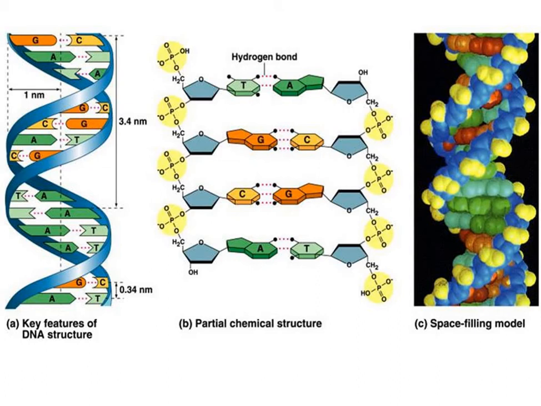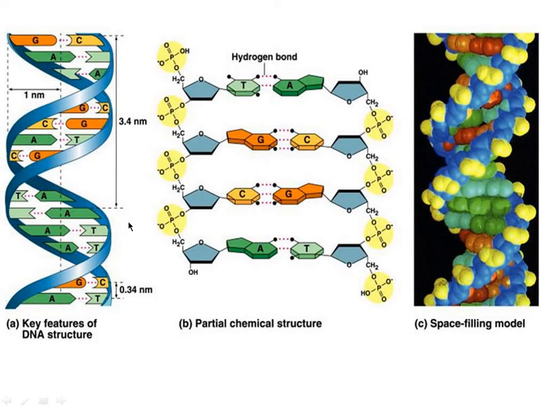This Watson and Crick DNA, we call it the B DNA. B DNA is always right-handedly coiled, and one complete turn of this helix occurs at every 34 angstrom length. One turn means from one minor groove to the next minor groove. We call this one complete turn.